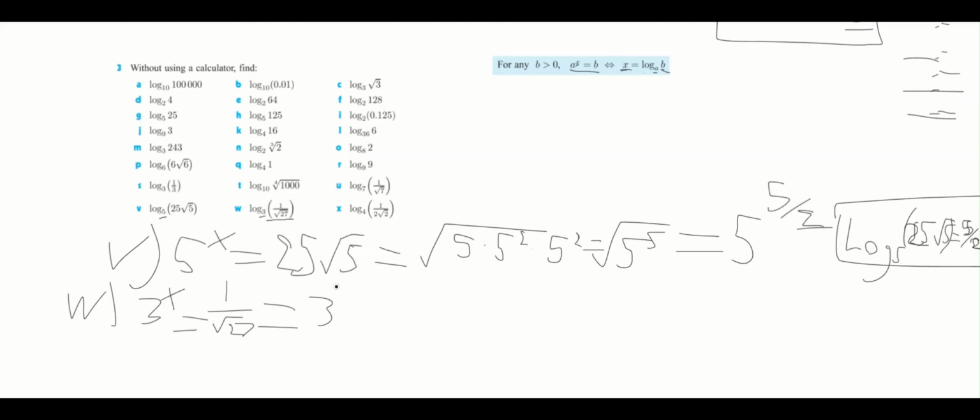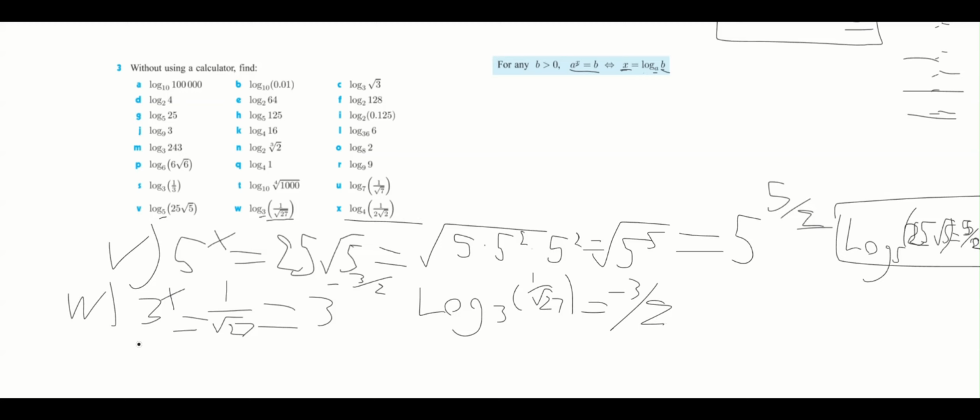So it's negative 3 over 2. And so it'd be log base 3 of 1 over root 27 equals negative 3 over 2.